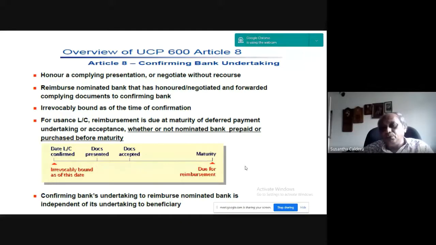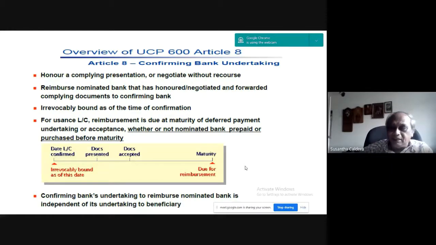Once they negotiate, they will negotiate without recourse. That means they don't have to recall the money from the beneficiary. Reimburse the nominated bank that has honored, negotiated, and forwarded compliant documents to the confirming bank, right? Irrevocably bound as of the time of confirmation.